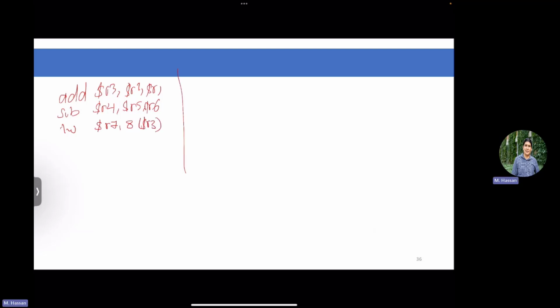It's very important to understand what's going to happen right now. I want to draw the pipeline to understand when the dependency happens. So I fetch, decode, execute, memory, write back. First instruction, no dependency, so there is no issue. The second one is also completely independent, so it just goes very naturally.